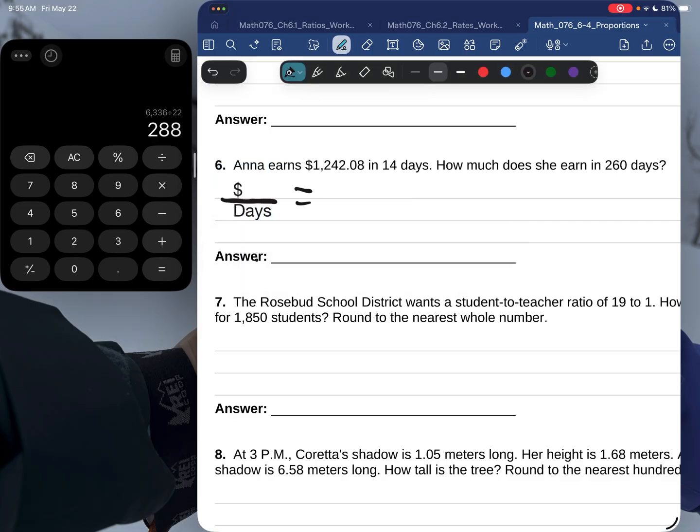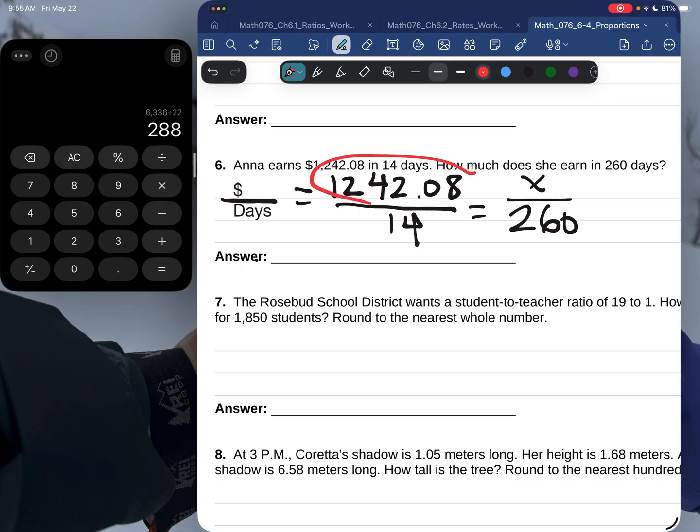Dollars over days. So she earned $1,242.08 in 14 days. And then it says how much does she earn in 260 days. So 260 is days, so it's got to go in the denominator, and my numerator is what I'm solving for, x.